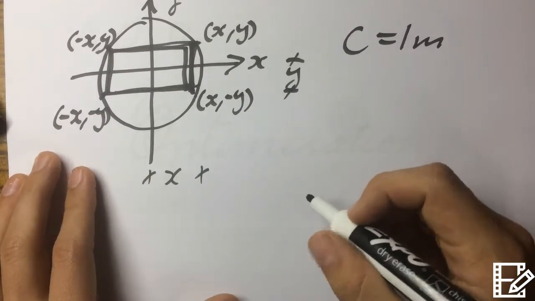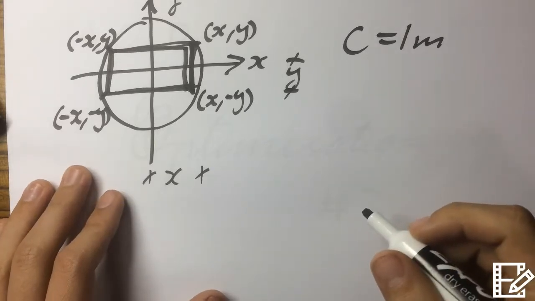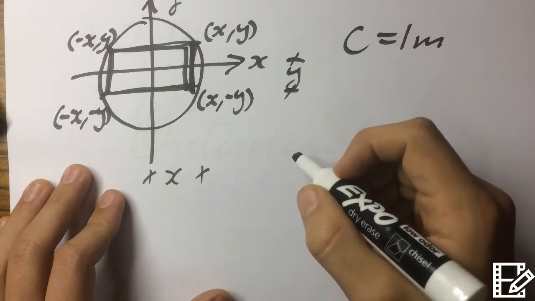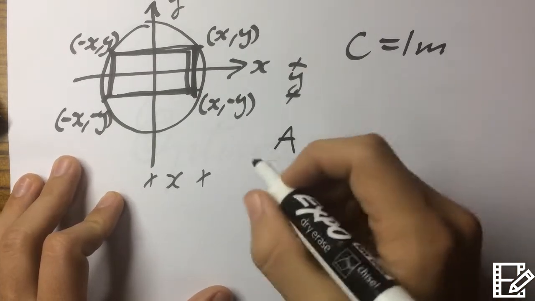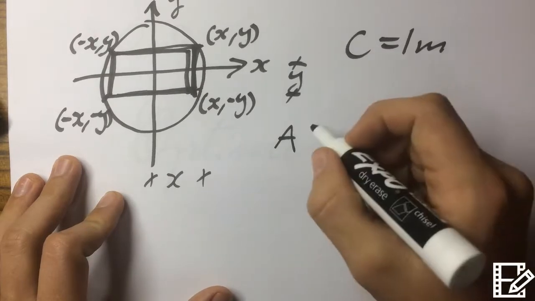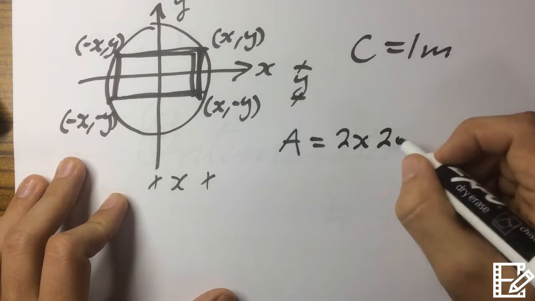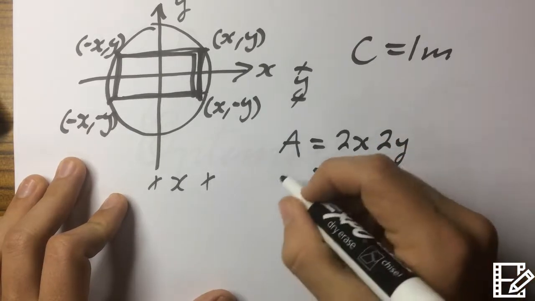Okay, so we're going to use a bit of triangles with this. Hopefully you don't hate them too much. We're writing down our area because we're going to be maximizing our area. Our area is going to be equal to 2x multiplied by 2y, which is equal to 4xy.